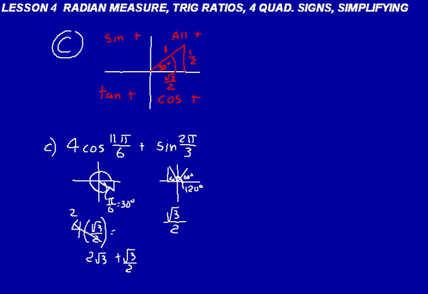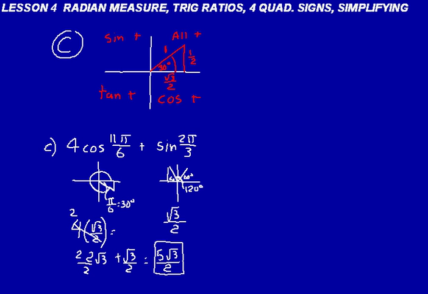We could go ahead and get a common denominator here. Just multiply on the left by 2 over 2, and we'll end up with 4 times the square root of 3 plus the square root of 3, which would just be 5 times the square root of 3 over 2. That's the evaluation of that problem.